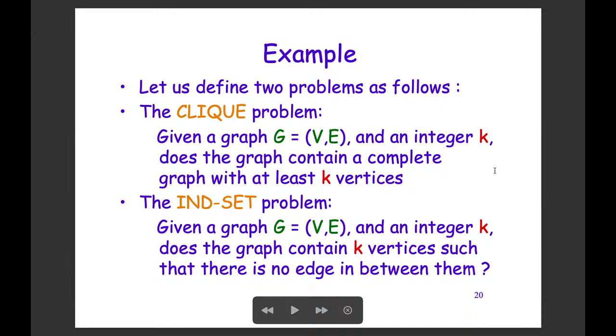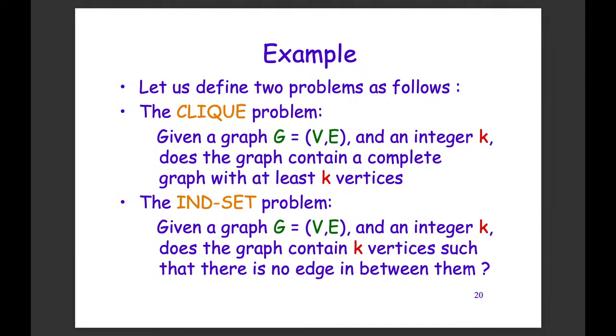We want to find out whether there are k vertices inside the graph that are connected to each other fully. So we are asking whether the graph contains a complete graph with k vertices, or at least k vertices. Either the answer is yes, we can find a group of k vertices such that they are really connected to each other, or no, when the graph doesn't have such k vertices.